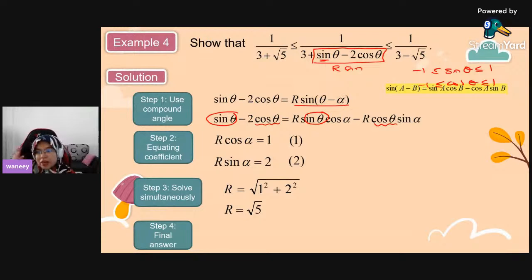Alpha won't affect the maximum and minimum value, but if you want to, you can also find alpha. For me, I just find the value of r. So sine theta minus 2 cos theta is equal to square root of 5 sine of theta minus alpha. Now I will start from the sine and then try to get this term over here.